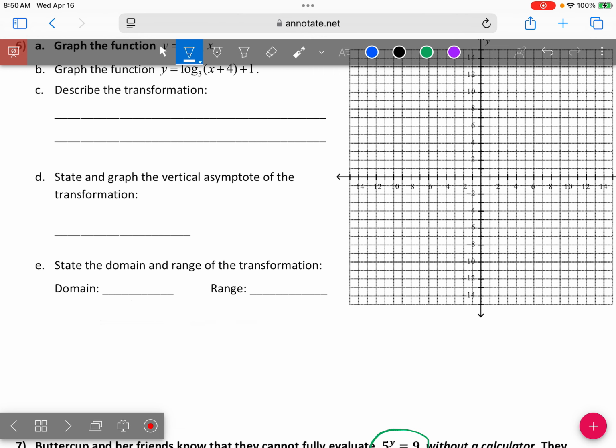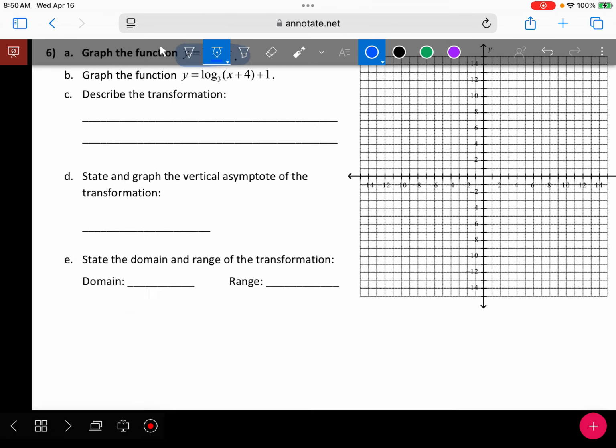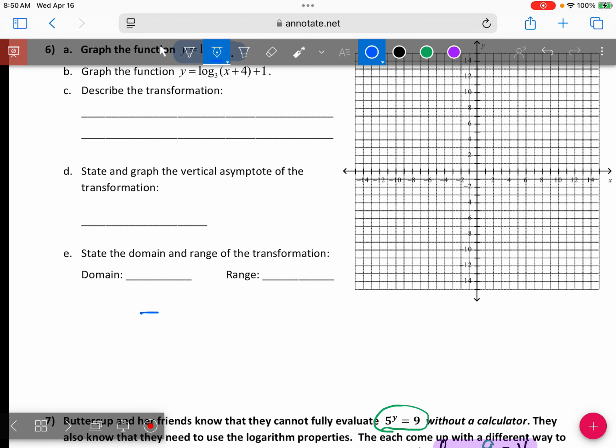So I'm just covering those up because I don't like those tables. So our first thing we're asked to do is graph our parent function, log base 3 of x. In order to get my table for log base 3 of x, what table do we need to make first?